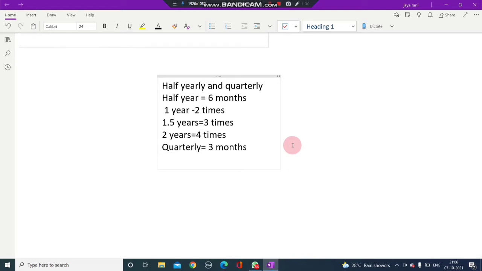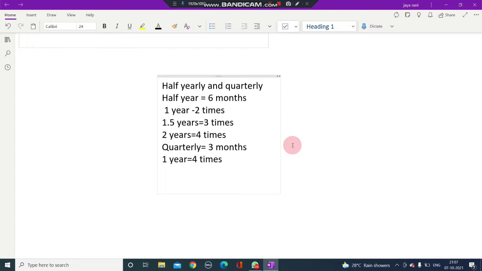So quarterly compounding means in a year, 4 times interest is calculated. Okay, in a year 4 times interest is compounded.